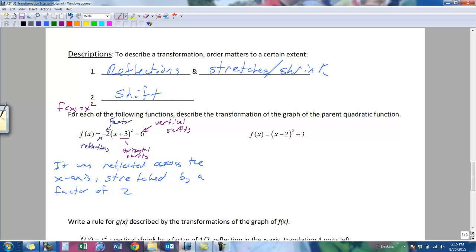Excuse me, we should be a little bit more precise there. Vertically stretched by a factor of 2. We'll learn more about horizontal stretches maybe later this year, possibly in pre-calculus.